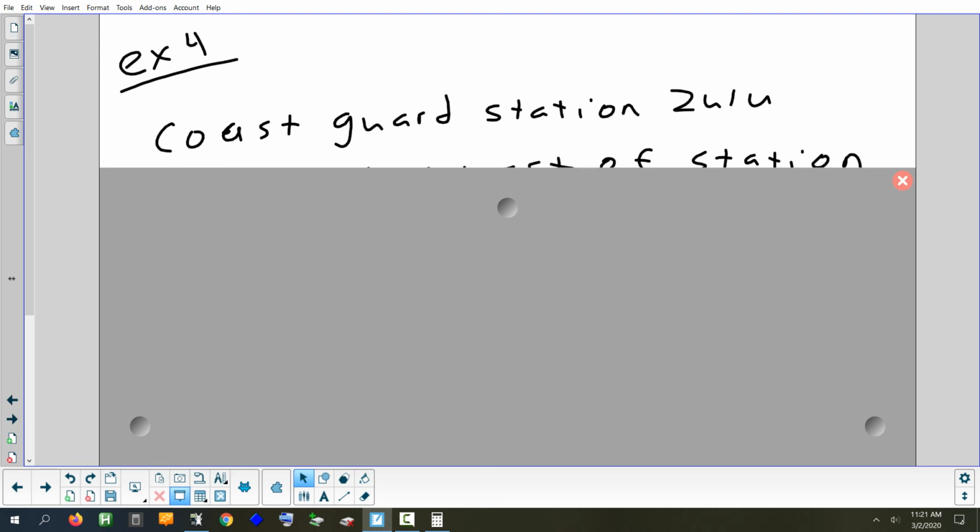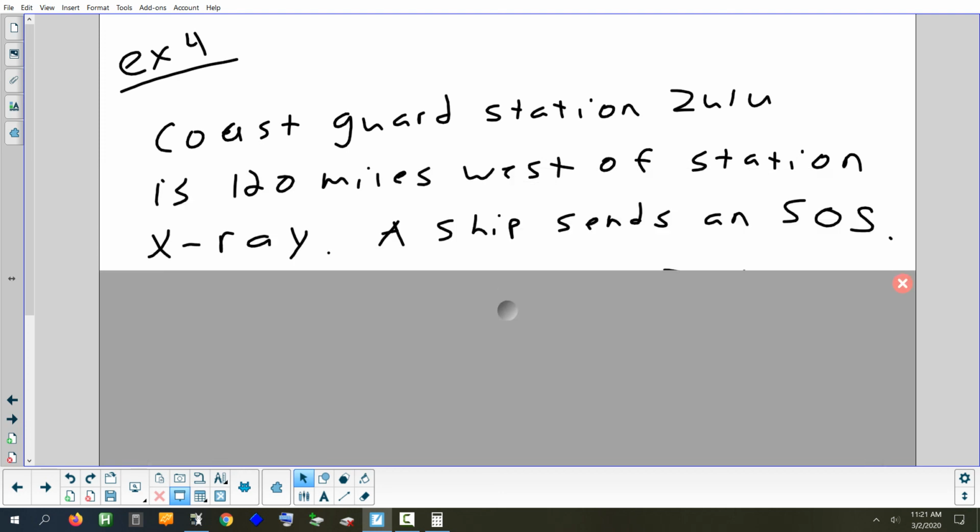And the 2 Coast Guard stations, we're just going to call them Z and X, or Zulu and X-ray, and they are 120 miles apart. Now, let's say a ship sends out an SOS. A way you could visualize what's happening here is maybe there's a ship at night out in the ocean somewhere. Their radio works, but their GPS isn't working.